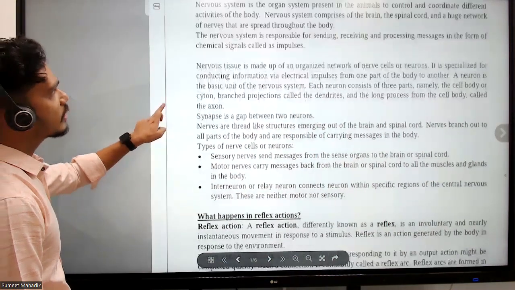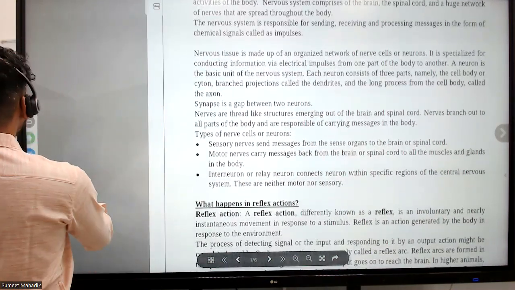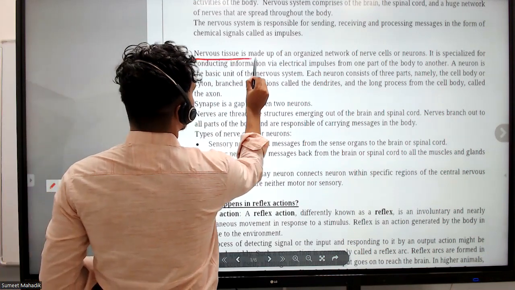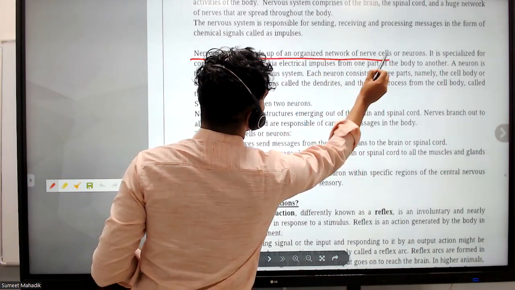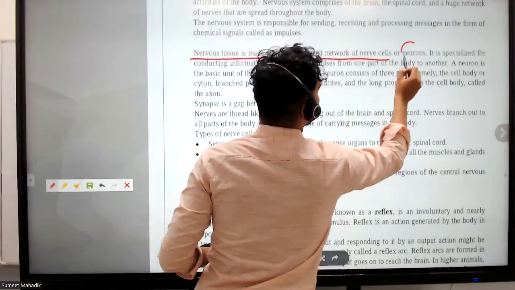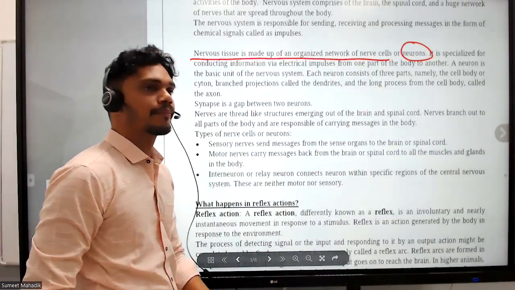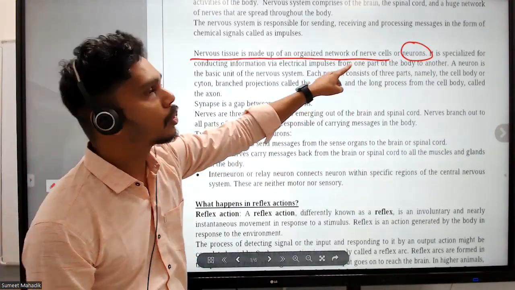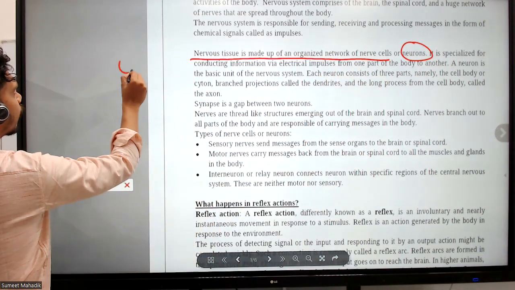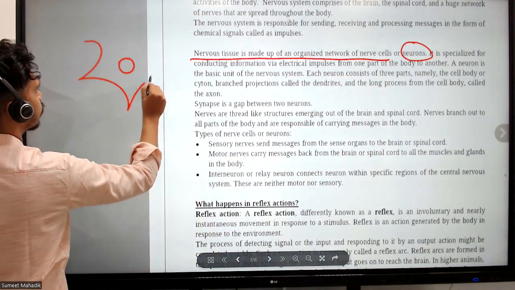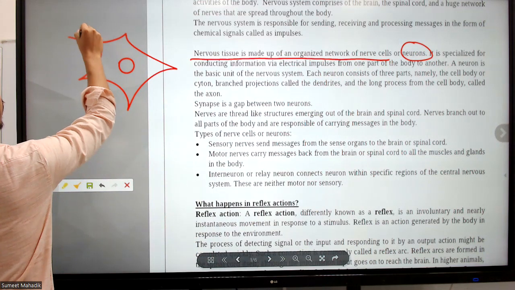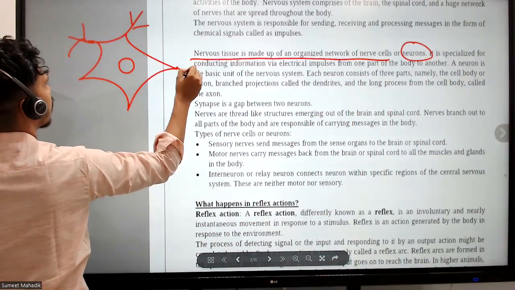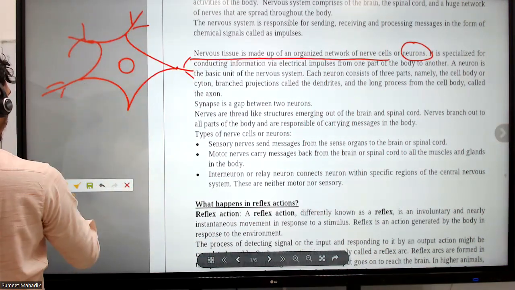Now the nervous tissue is made up of an organized network of nerve cells, or neurons. So what is the functional unit of the nervous system? The neuron. If I draw the structure, it looks like this. These are dendrites.